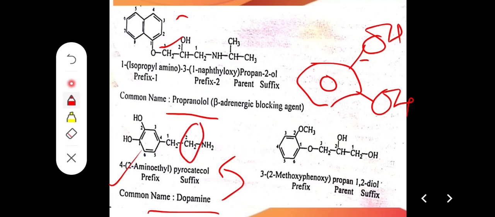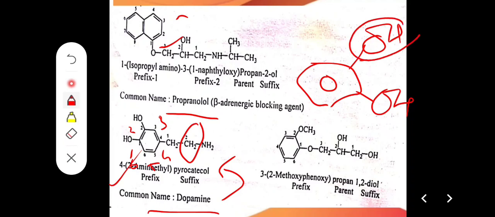If we consider the side chain, from this position we consider 1, 2, 3, 4, 5 and 6, because we have to consider numbering from the principal dominant functional group.